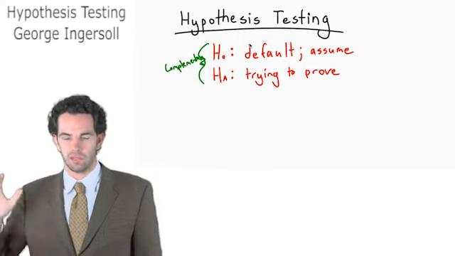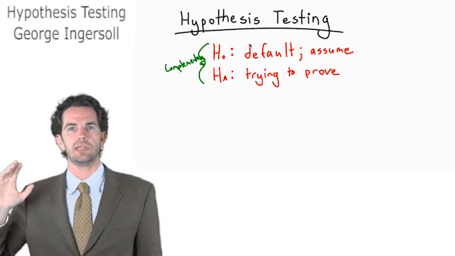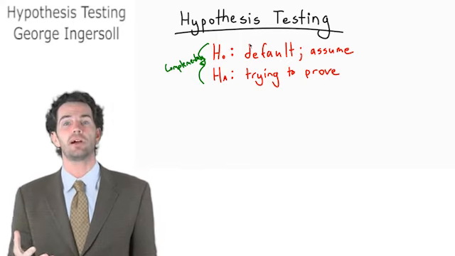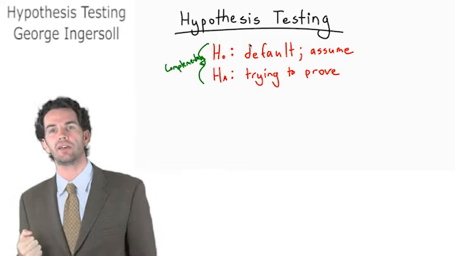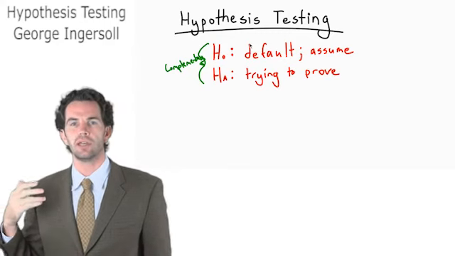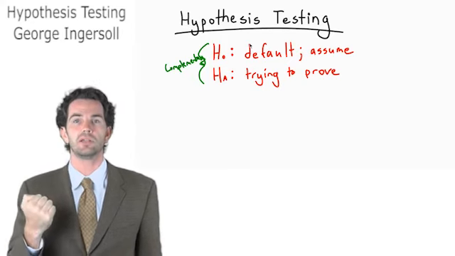And that might be that, no, the population mean is not 15. But if you don't reach that, say, 95% confidence threshold, it doesn't mean you accept the null hypothesis. You never really accept the null hypothesis. You just don't disprove it.